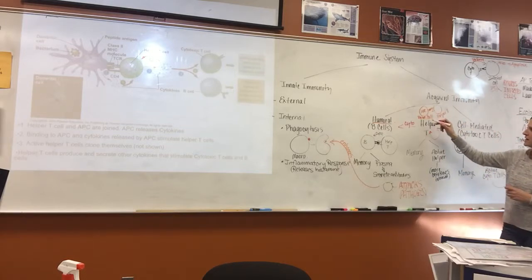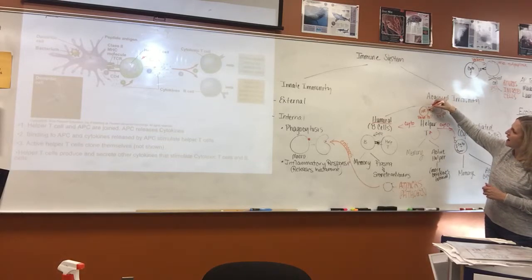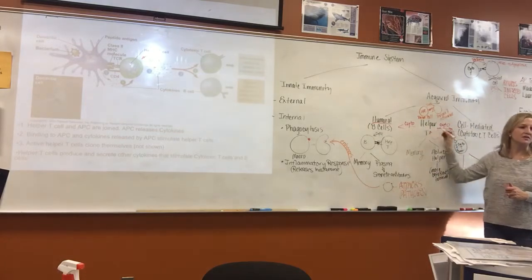And this antigen presenting cell, between the binding of it to the helper T cell, also secretes cytokines. Now the helper T cell is activated, and that triggers the rest of this.